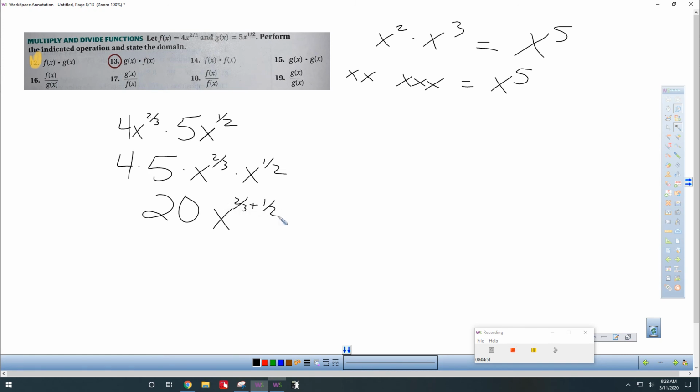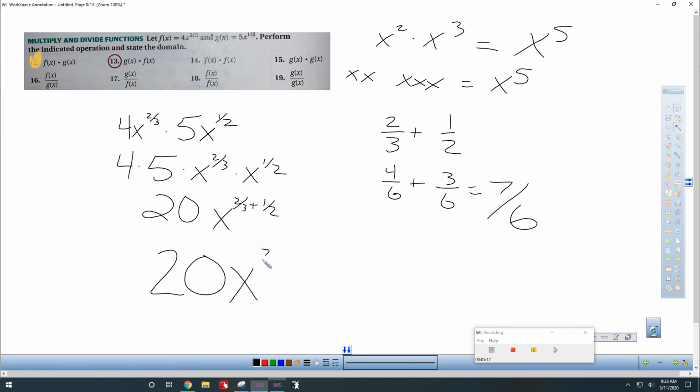Okay, now how are we going to do that? Sorry. Let's write the problem down. 2/3 plus 1/2. Well, that's 4/6 plus 3/6. So that's going to be 7/6. So our answer is 20x to the 7/6 power.